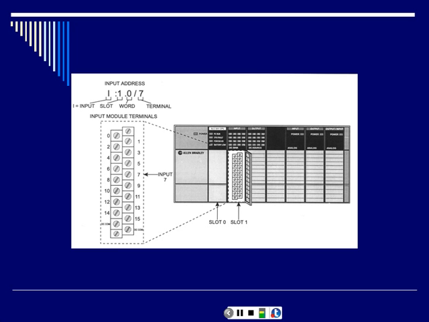Your first slot, which is slot 0, is always your processor. So you should never use 0 unless you're doing a MicroLogix, a fixed PLC. And I'll explain that in a minute. We're looking at modular. Did that light just flash? Okay. Making sure I'm not going blind. So that was an input.